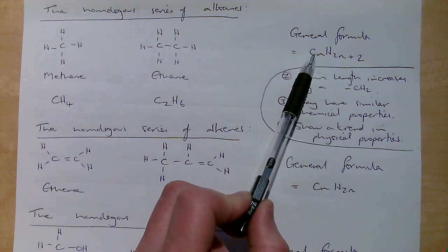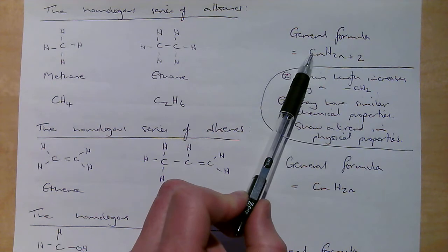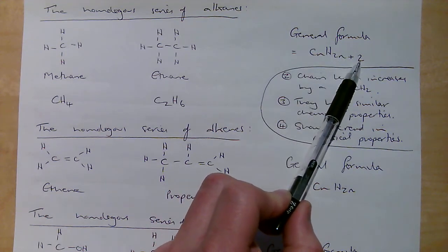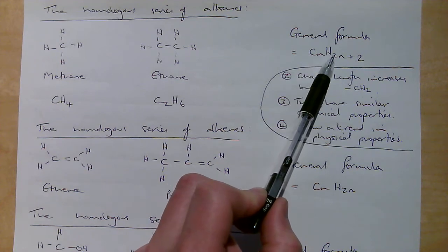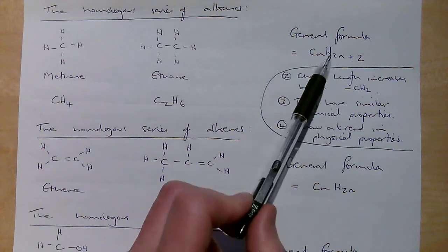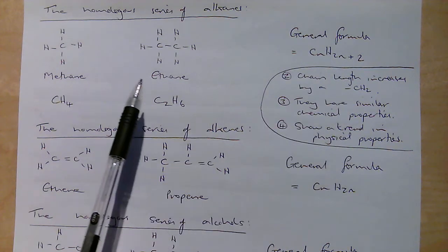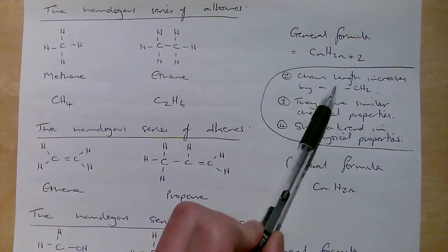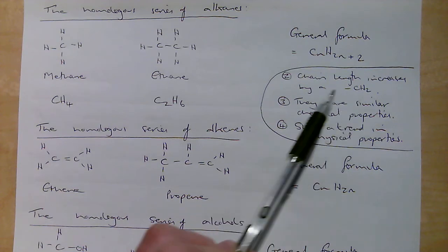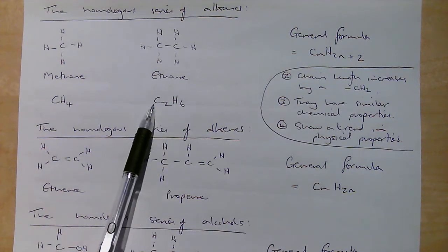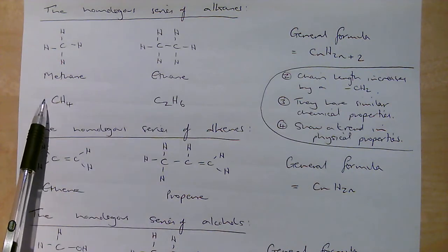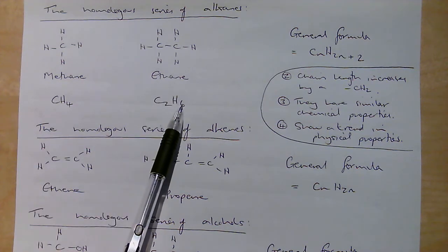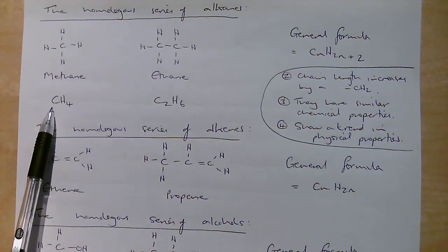So if I have one carbon, n is 1, C1, H2 times 1 is 2, plus 2, so CH4. And that would be methane. As you can see, as we go down our group, the chain length increases by CH2. So what's the difference between the molecular formula of ethane compared to methane? Well, ethane has a CH2 more than methane.